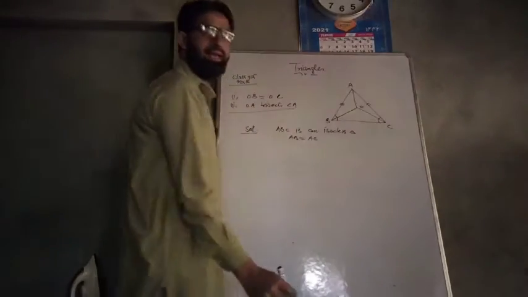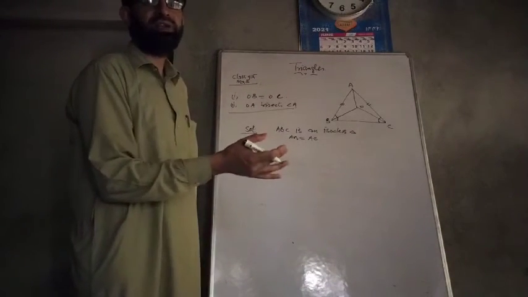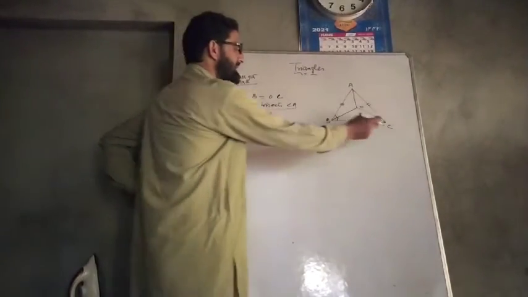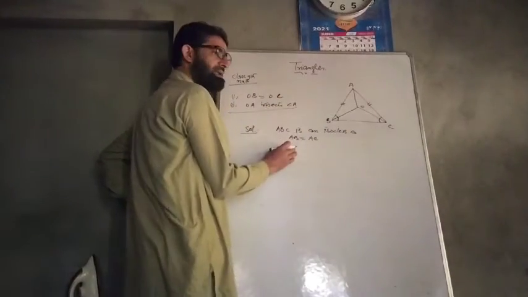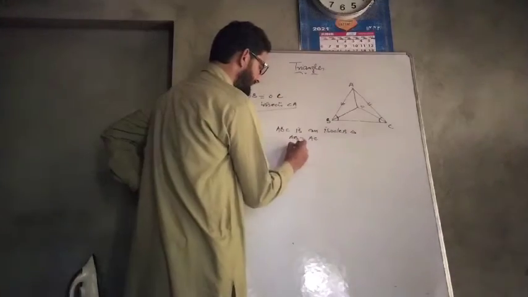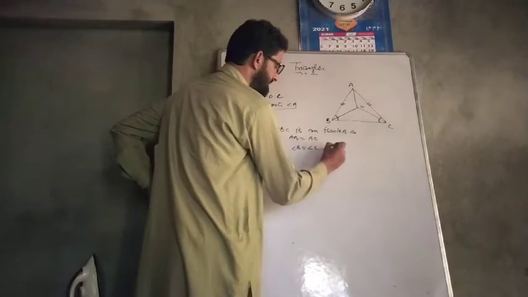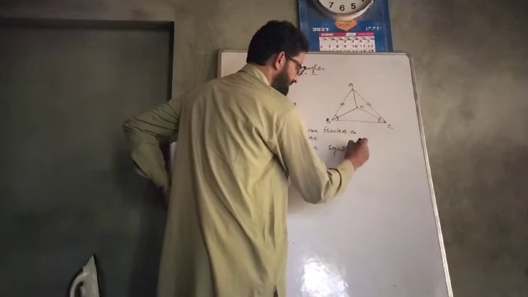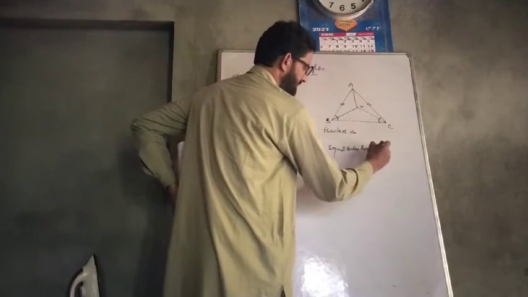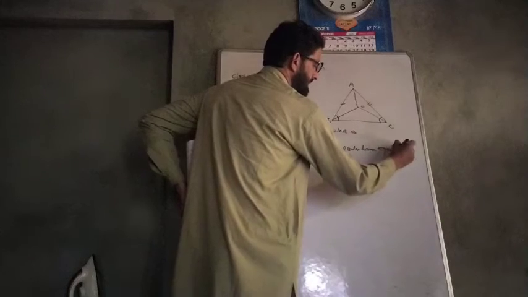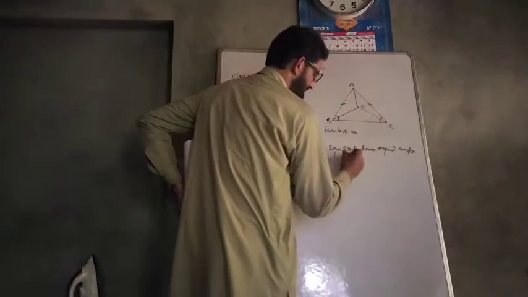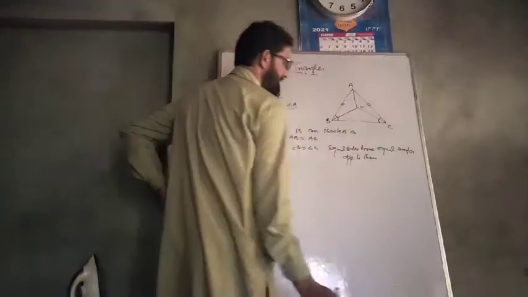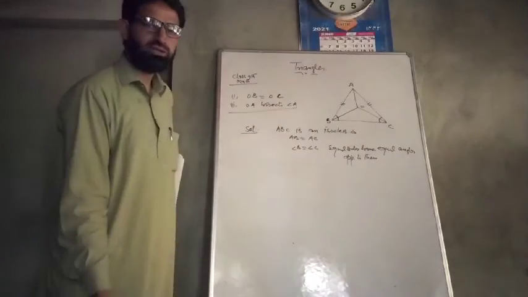It is given that ABC is an isosceles triangle and AB is equal to AC, and therefore angle B is equal to angle C because equal sides have equal angles opposite to them. So when sides are equal, their opposite angles are also equal.